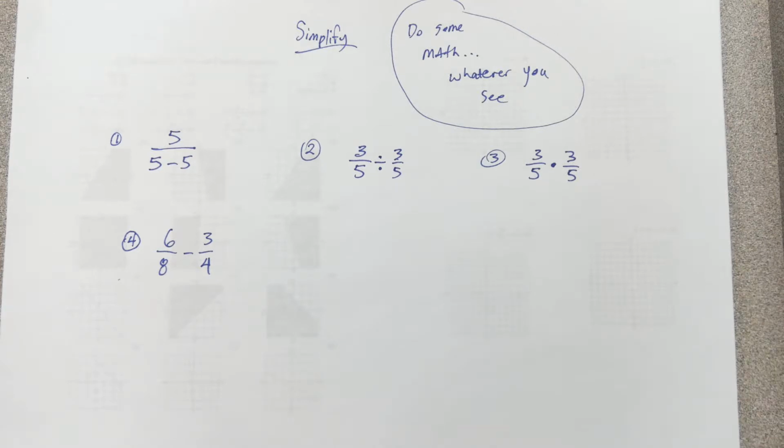Let's see, I'm going to turn on the timer. How long do you think we need, Jacobo? 10 minutes for 4 problems? Okay, 10 minutes. We'll do that. 10-minute timer. Okay, let's go.